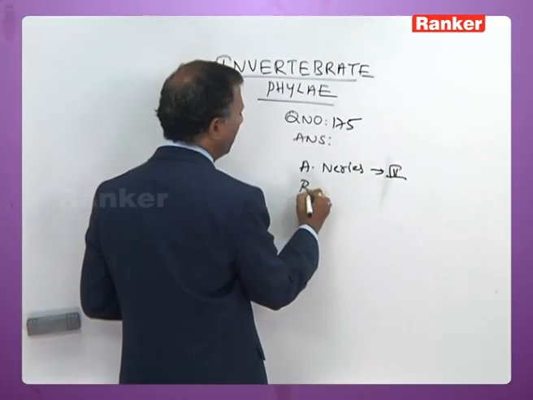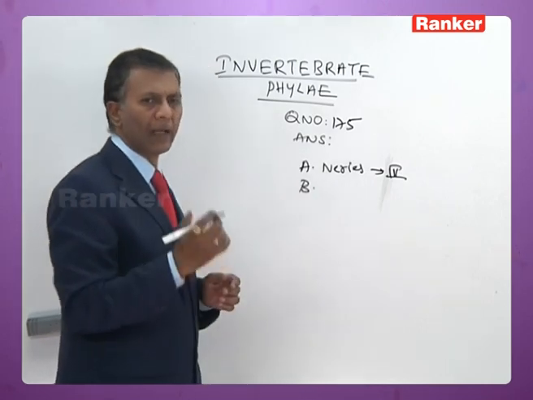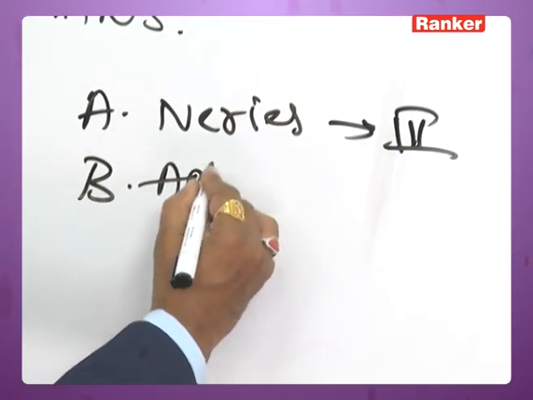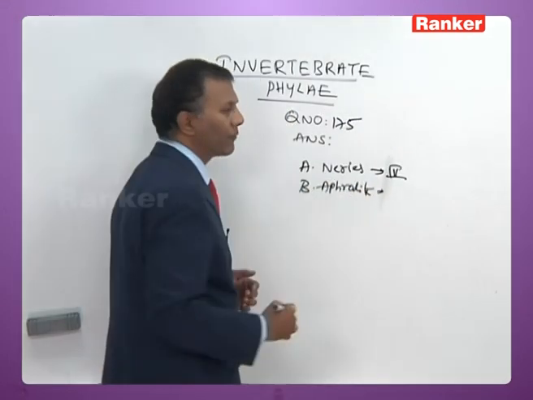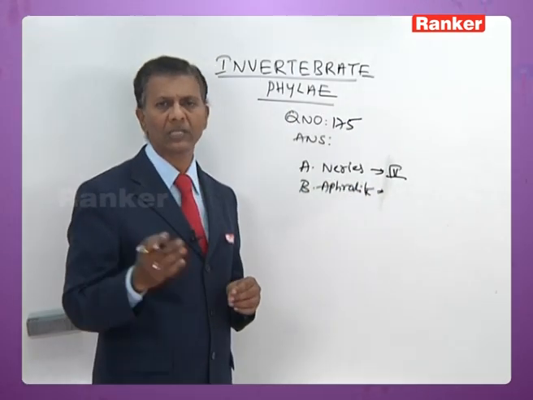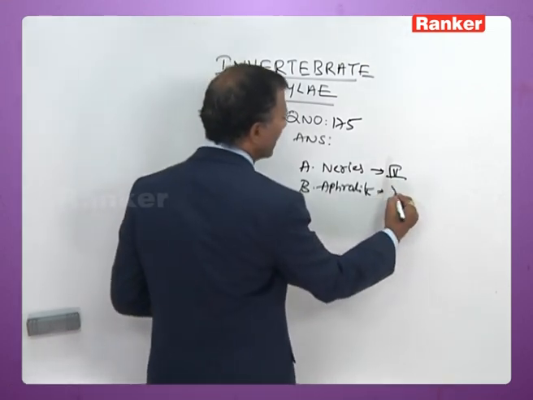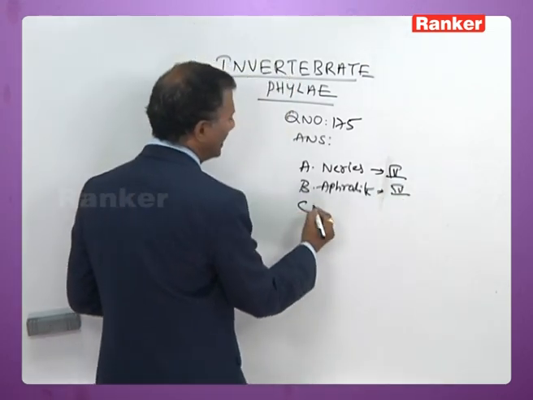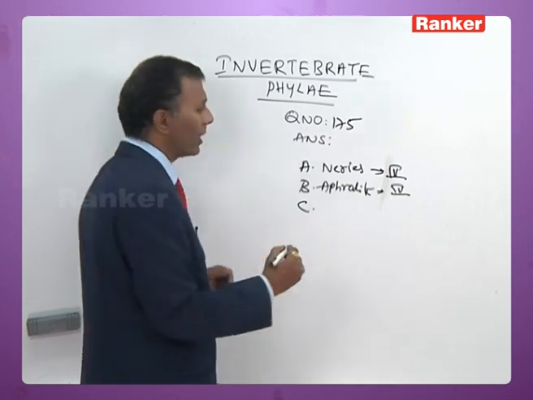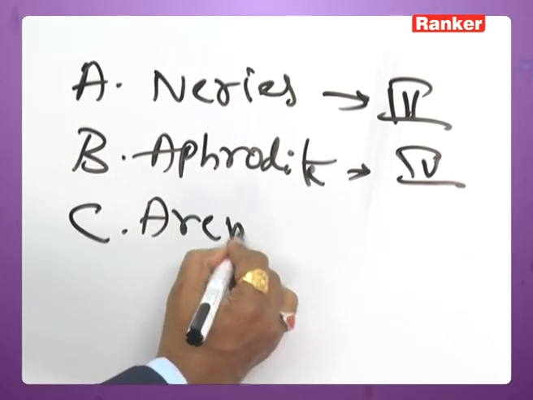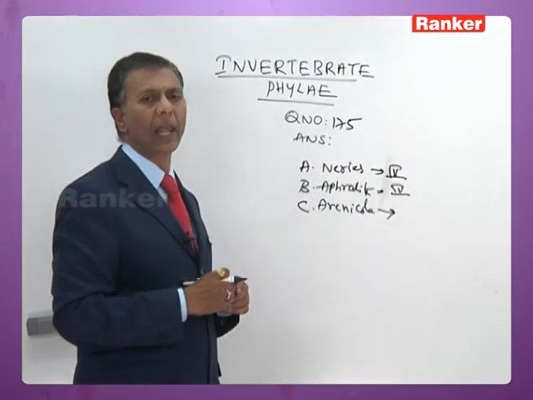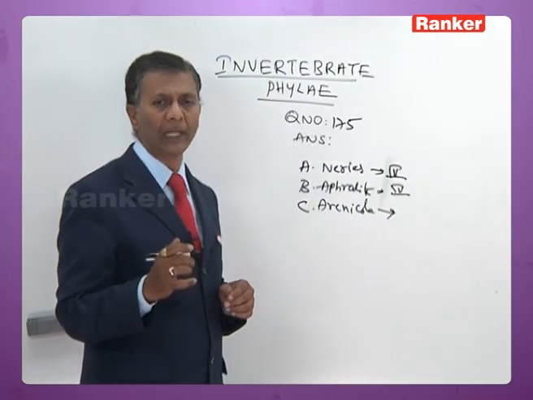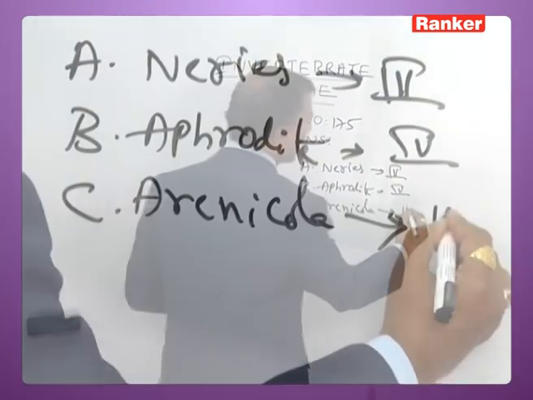Then B Aphrodite. Aphrodite is commonly called sea mouse. Fourth option is correct. Then C Arenicola. Arenicola is commonly called lugworm or lobeworm, belongs to Polychaeta. So second option is correct.